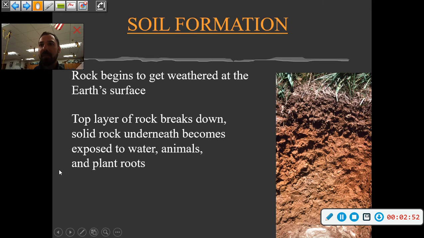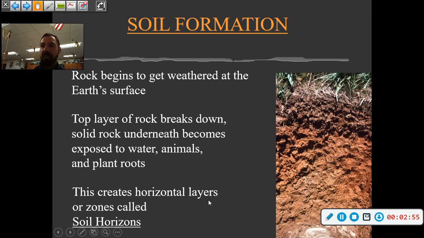The result is going to create soils that are very different at different depths below the surface. We call these soil horizons. You get these horizontal layers where the soil begins to transition from one horizon to the next. If you've ever dug a hole to put a big tree in the ground, you know all about this. All right, so let's take a look at this.